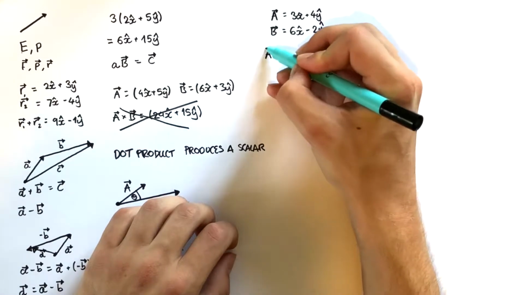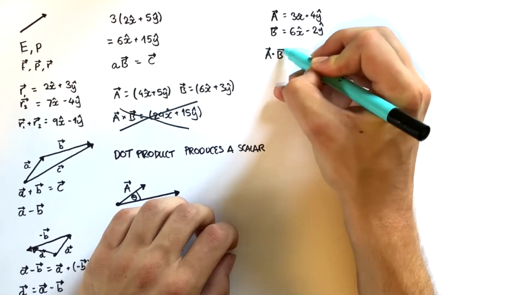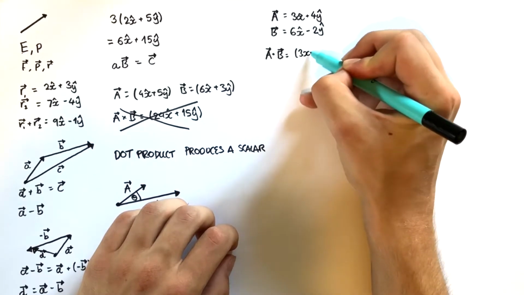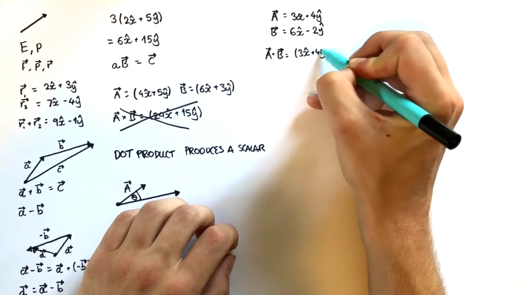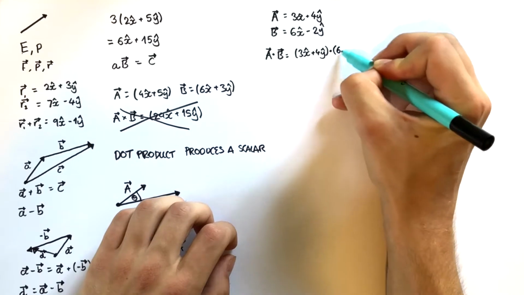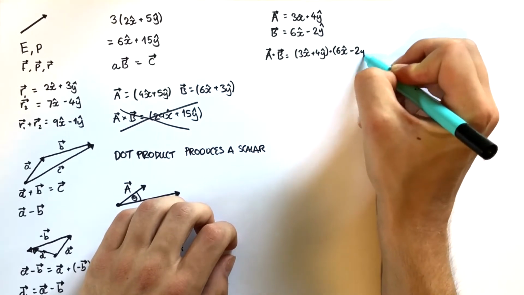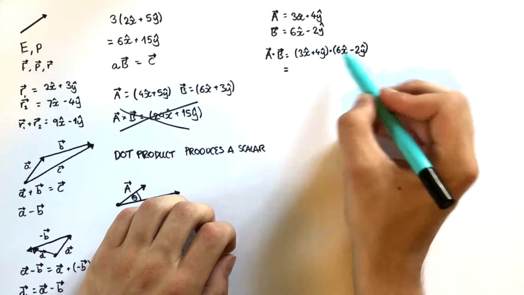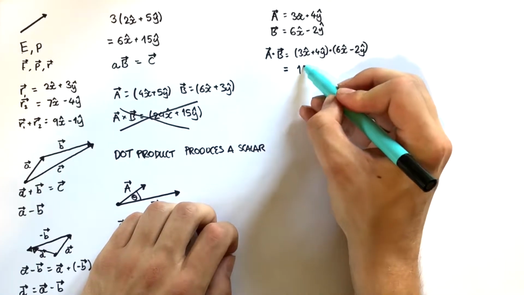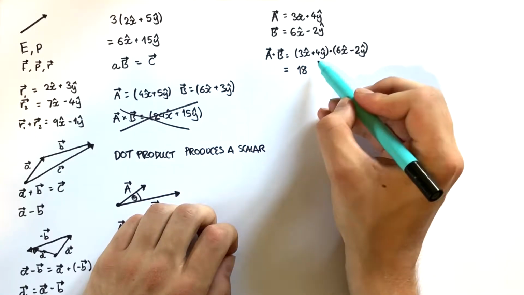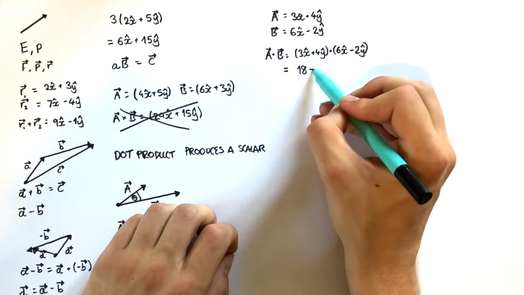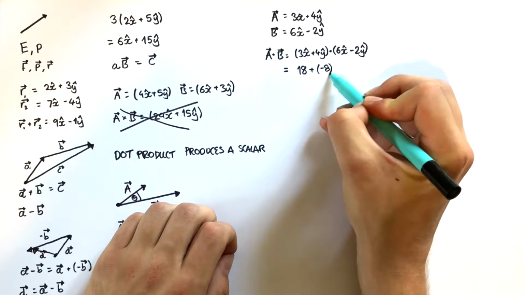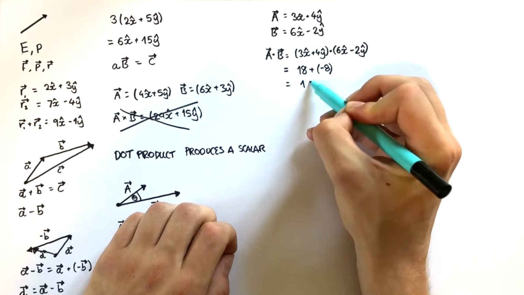So a dot b is one and the same as 3x hat plus 4y hat dotted with 6x hat minus 2y hat. And this, well, let's multiply the x components. We're going to get 18 for the x, and we're going to add that to, well, 4 times minus 2 is minus 8, and that just simply gives 10.